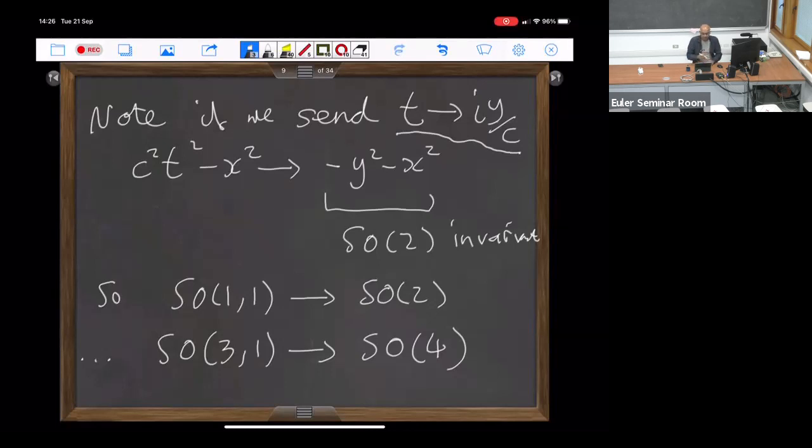So under this analytic continuation, SO(1,1) becomes SO(2). And similarly, in 3+1 dimensions, SO(3,1) would become SO(4) by the same transformation, just adding on the other two coordinates.